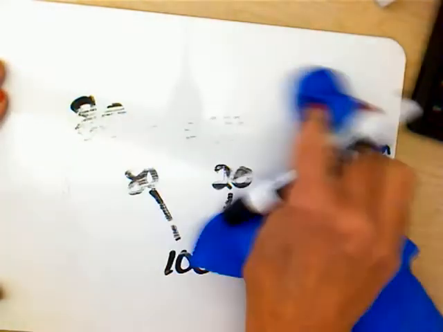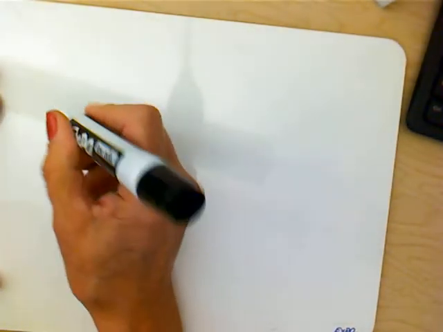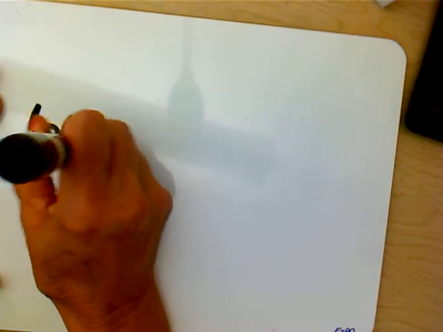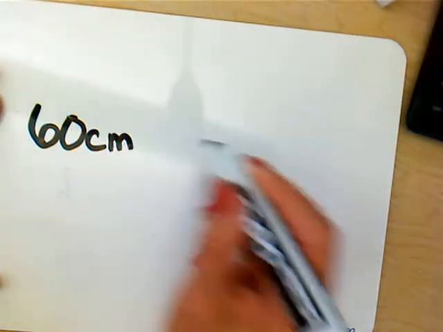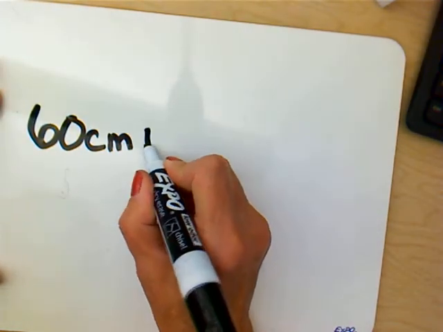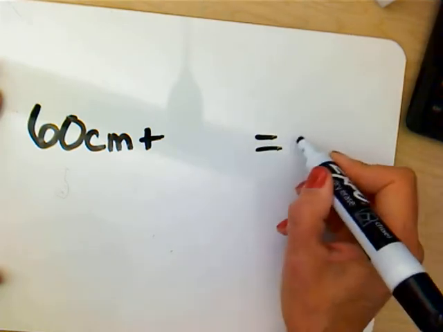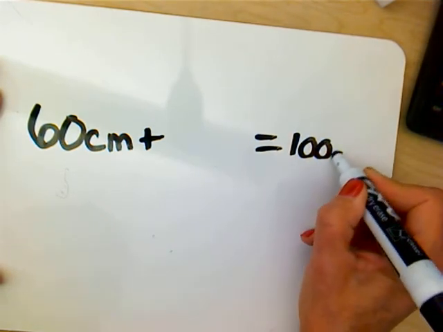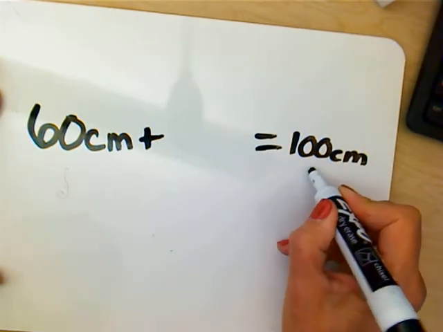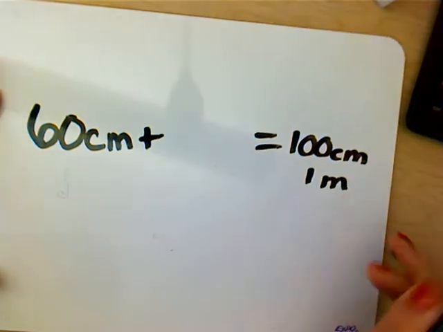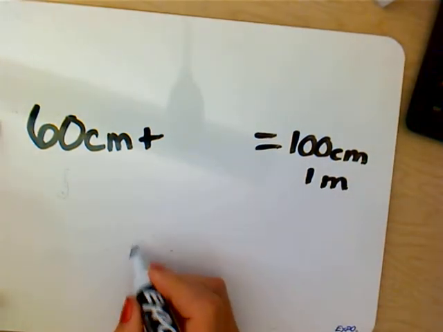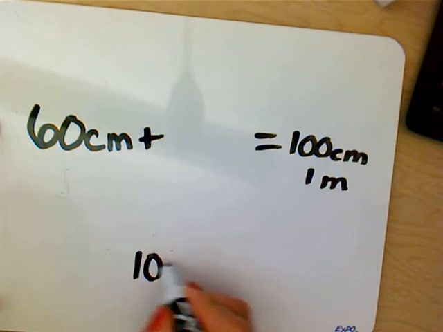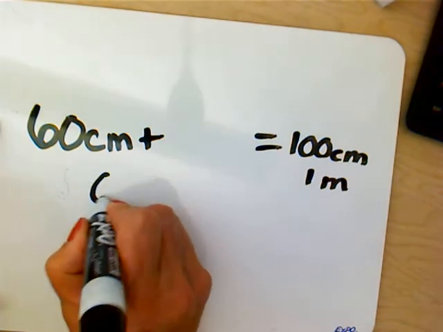Okay, we're going to do a couple more of these so that you can see the pattern of what's happening here. What if I had 60 centimeters? If I had 60 centimeters and I wanted to add something to 60 to give me 100 centimeters, or I could also say that that would be the same as 1 meter. I could make my number bond, which would be 100 centimeters and 60.